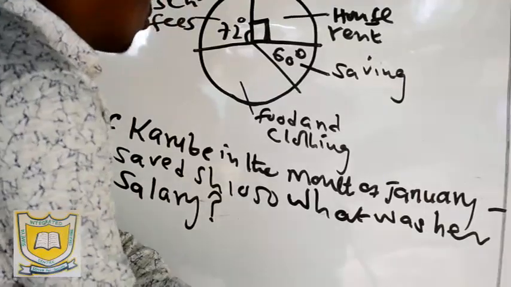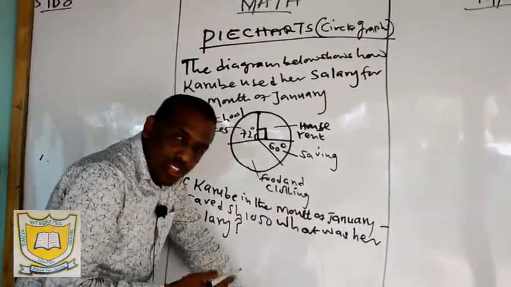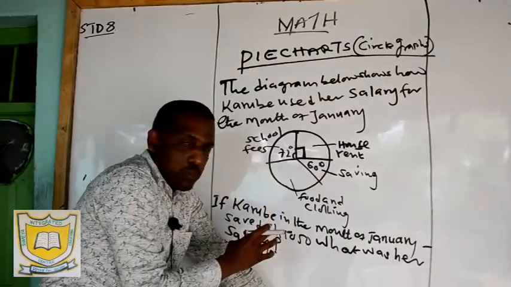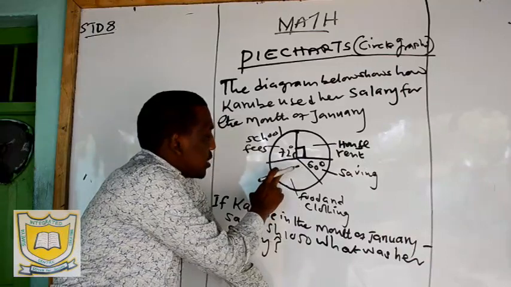Now the first thing we must do is get the degree for food and clothing. We always complete the numbers. This one has a degree, this one has a degree, this one has no degree, and this one has a degree.